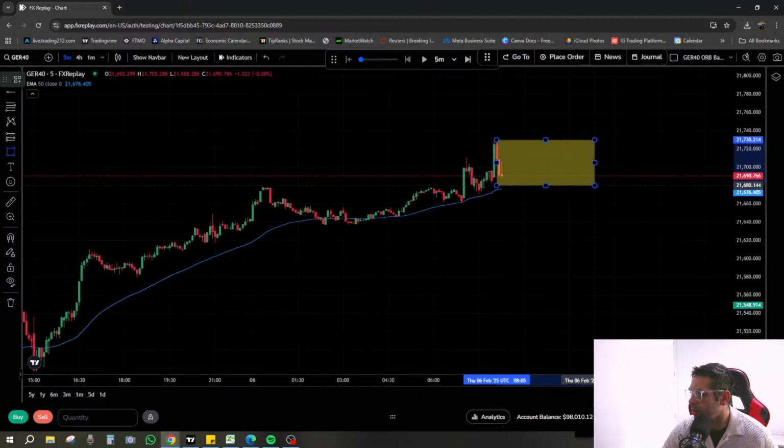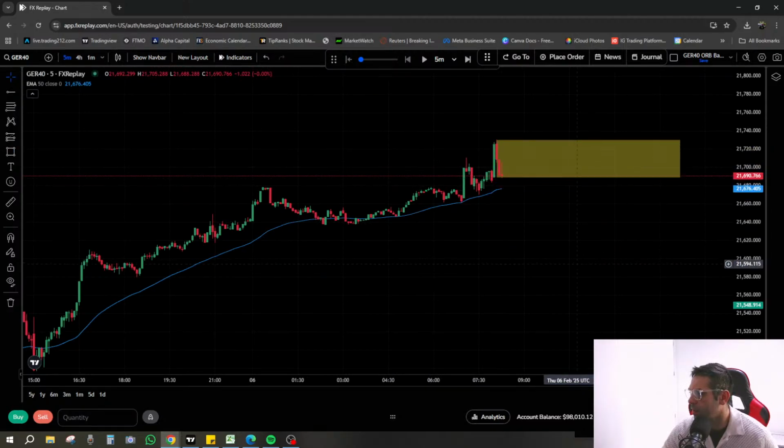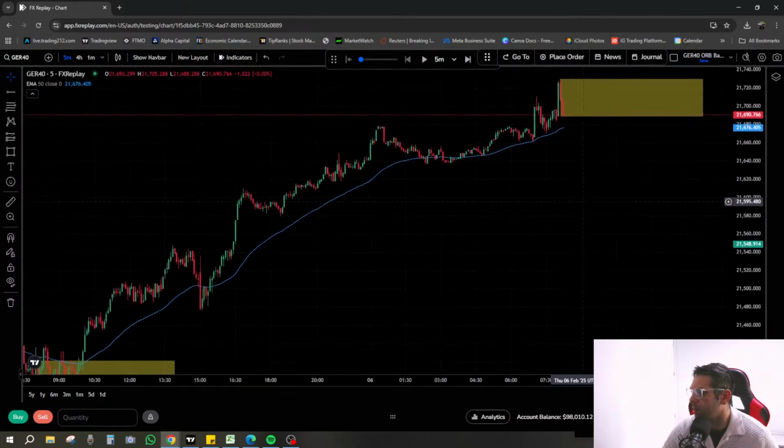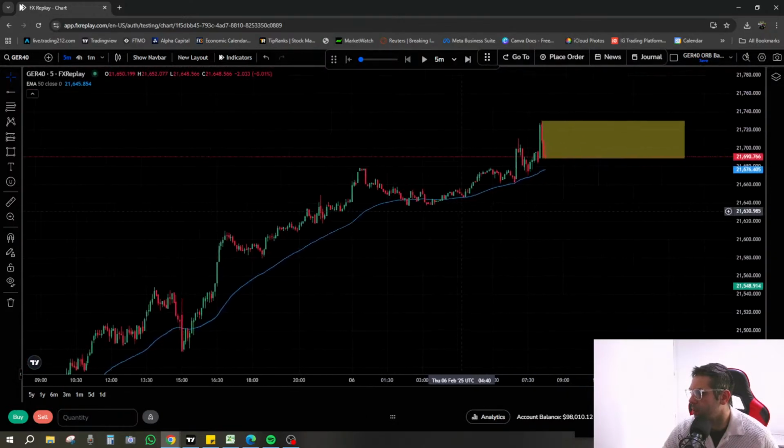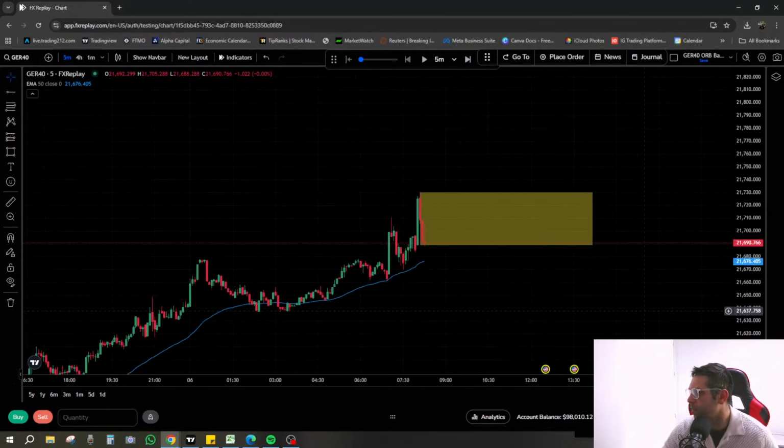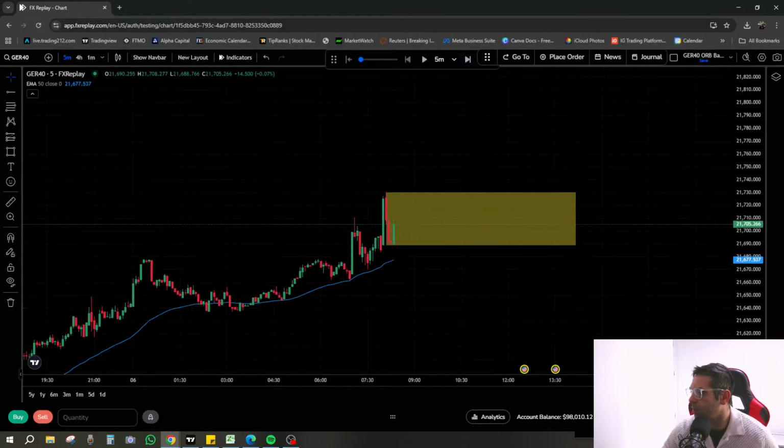Okay, so we have our opening range. Strong uptrend this time. So let's see what happens.